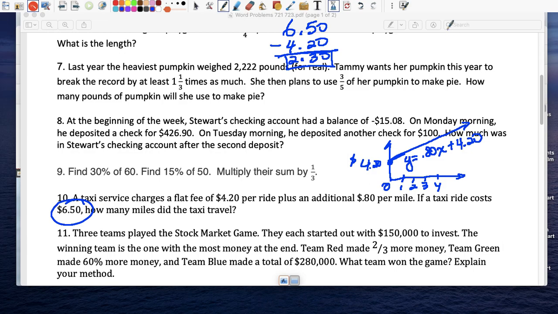So $2.30, and we can divide that by 80 cents, right? And we can, again, multiply both sides by 100. Instead of 0.80, let me just write 0.8.